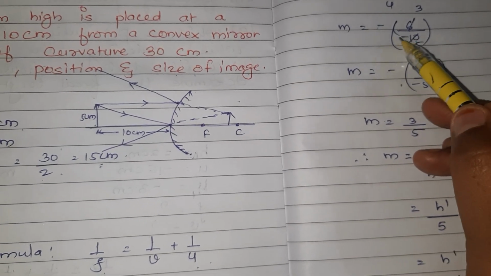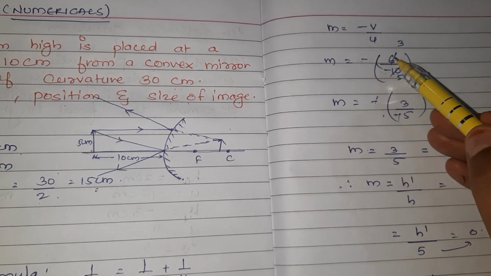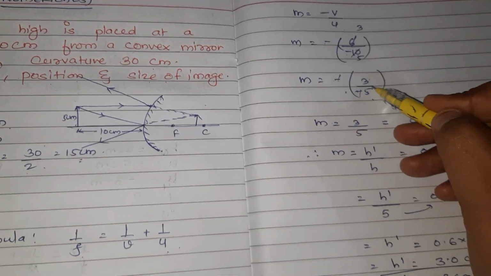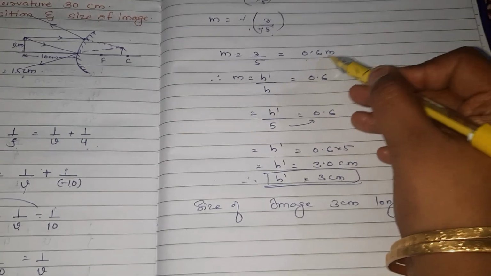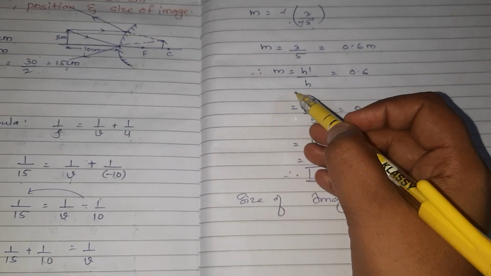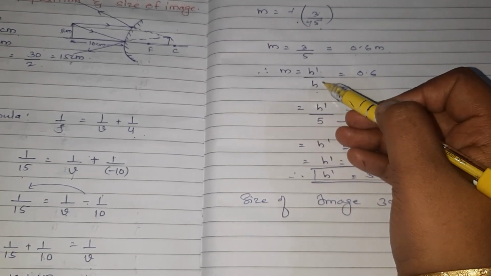The two minus signs cancel each other, and 2 threes are 6, 2 fives are 10. When you divide it, what value will you get? 0.6. Now another formula of magnification is m is equal to h dash upon h, the height of the image upon the height of the object.